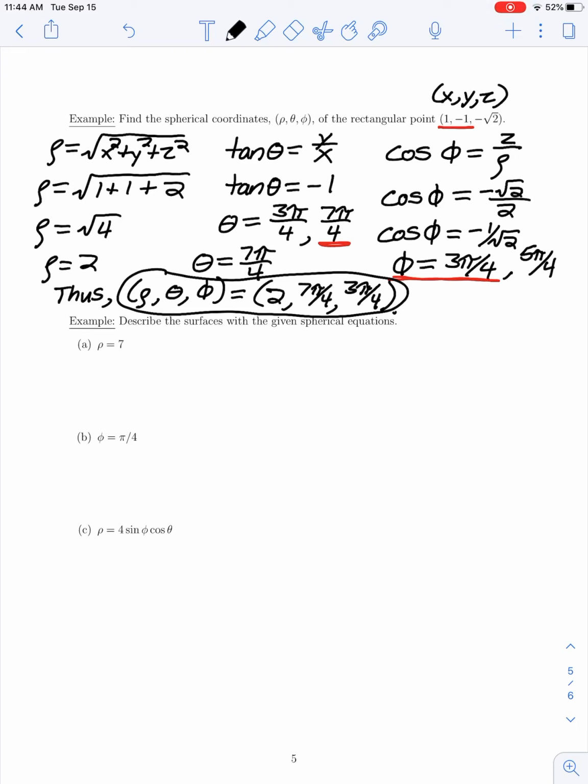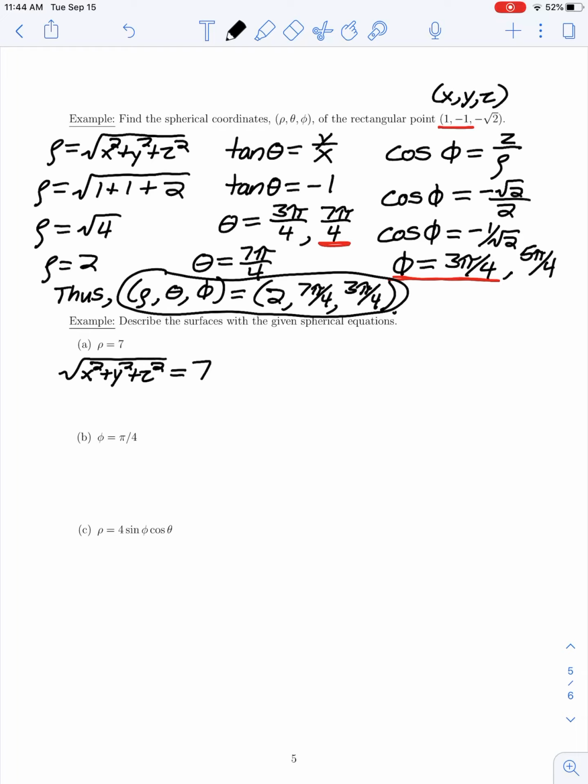We can either intuitively see what sort of surface this describes, or if we convert to rectangular coordinates, we know that rho is defined as the square root of x squared plus y squared plus z squared.